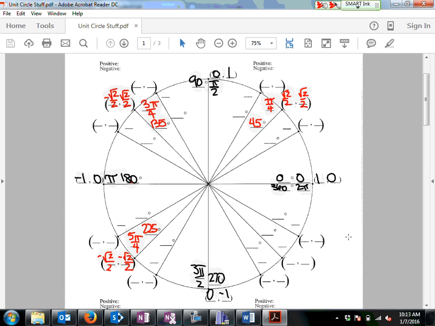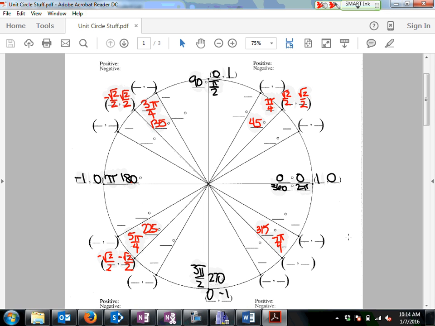All right, and then finally, in the fourth quadrant, here we are 45 degrees away from 360. That's 315 degrees, which is the same thing as being pi over 4 away from 2 pi. Cool, where are we? Excellent, 7 pi over 4.